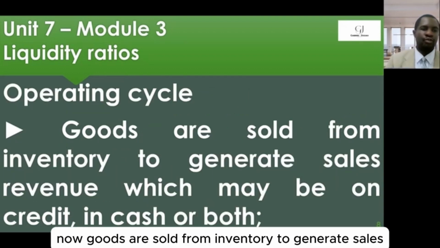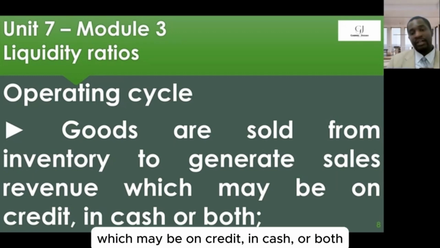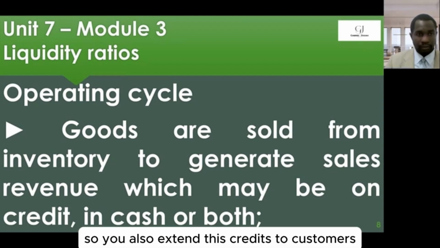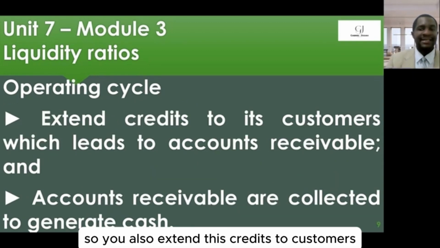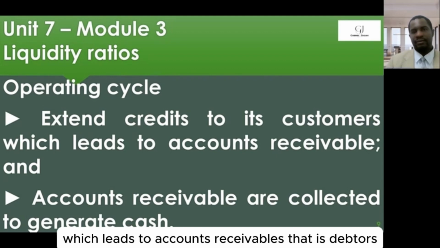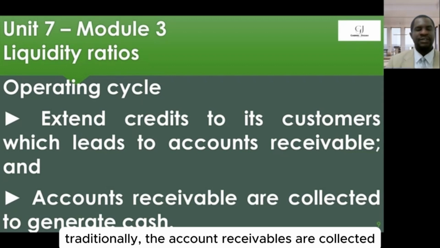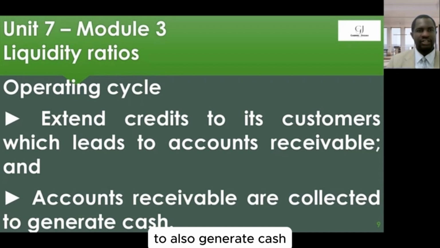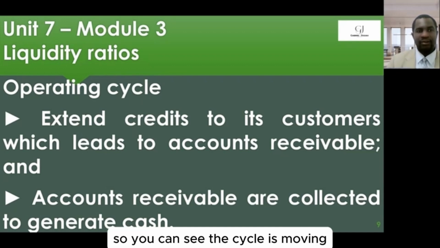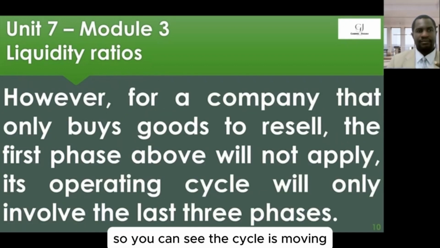Now, goods are sold from inventory to generate sales, which may be on credit, in cash, or both. So, they also extend these credits to customers, which leads to accounts receivables, that is, debtors traditionally. The accounts receivables are collected to also generate cash. So you can see the cycle is moving.